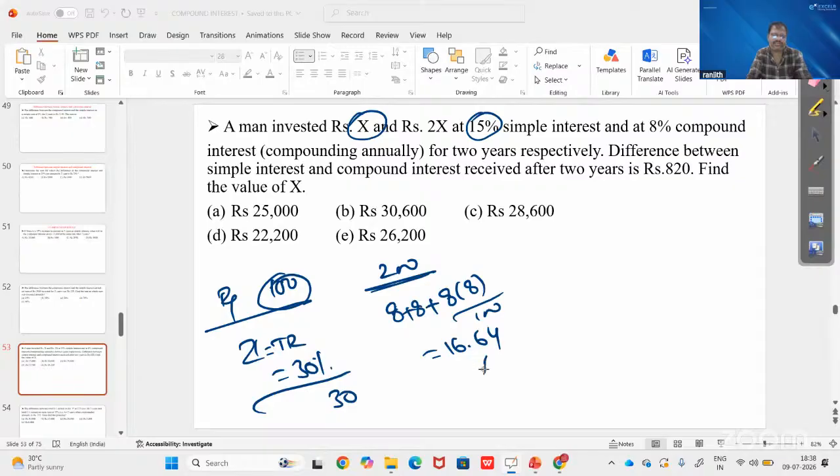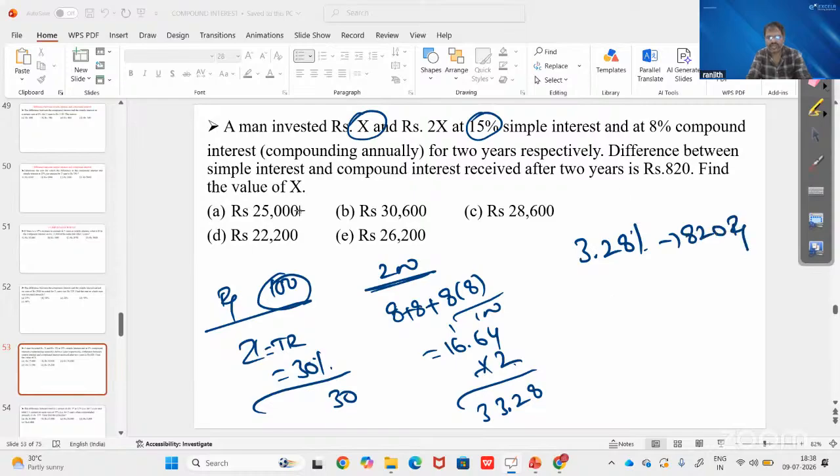Multiplication by 2, we're getting 33.28. Now the difference equals 3.28. 3.28 percentage we are getting is 820 rupees.